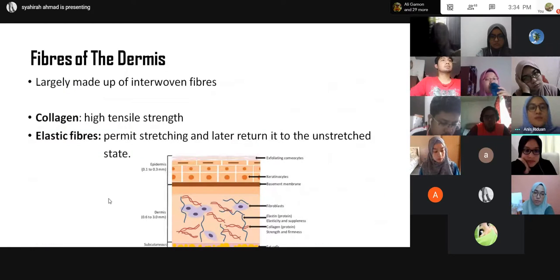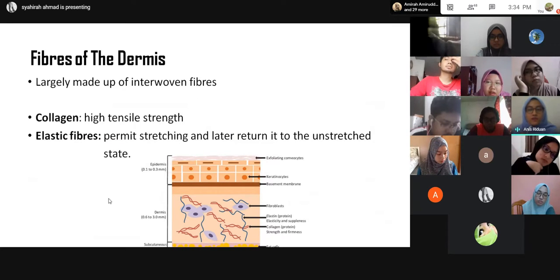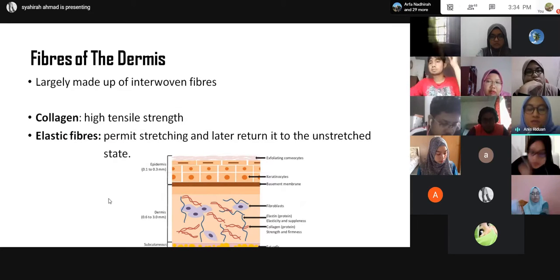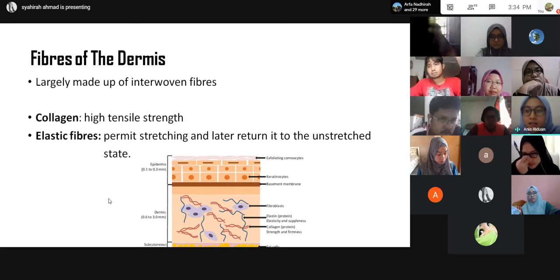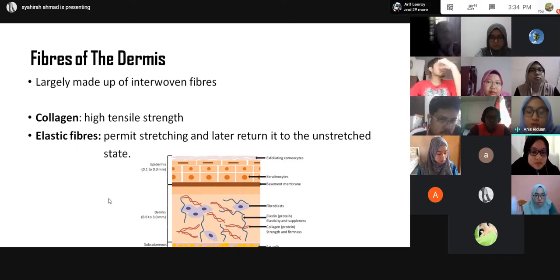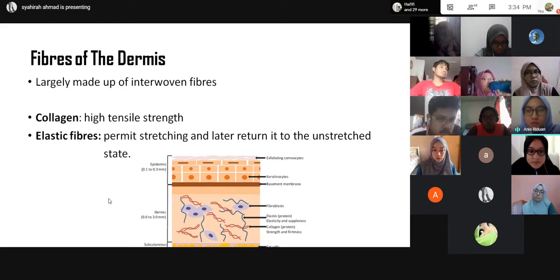Next. So the next component is the fiber of the dermis. This fiber gives the dermis its strength and elasticity. This fiber is largely made up of interwoven fibers, mostly collagen, but with some elastin. And the collagen makes up almost 70 to 80% of the dry weight of the dermis.